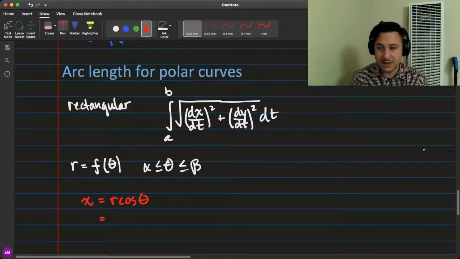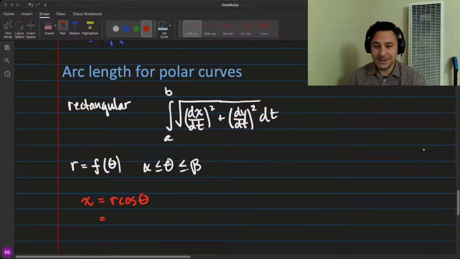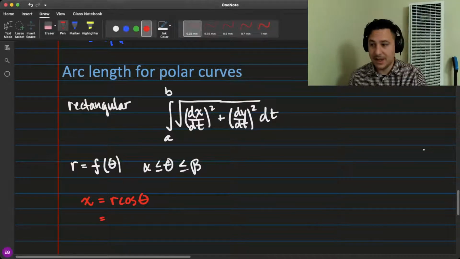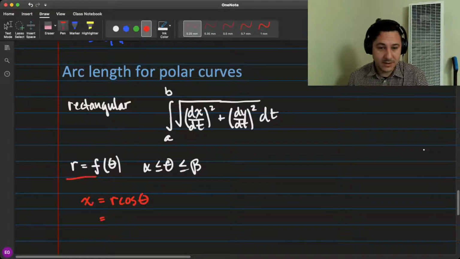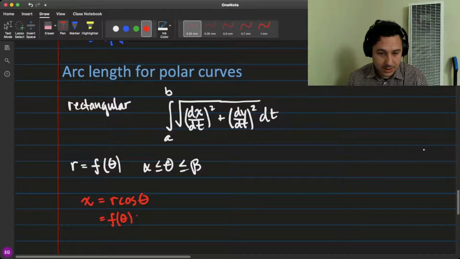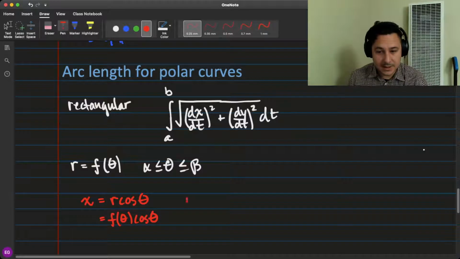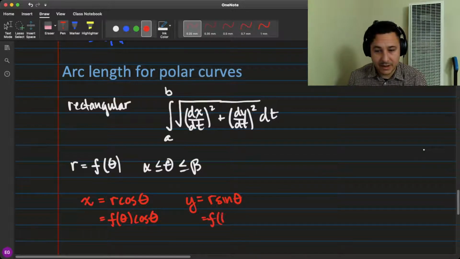There's a particular function that always gives you the r value when dealing in polar coordinates. It's f. R equals f of theta. Likewise, y is always equal to r sine theta, so the y value is equal to f of theta sine theta.